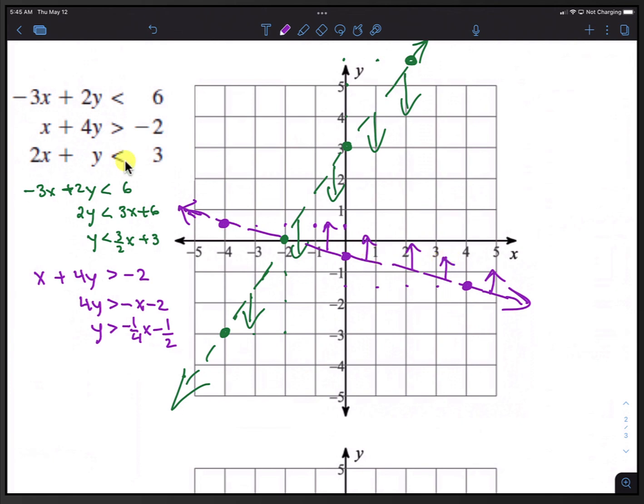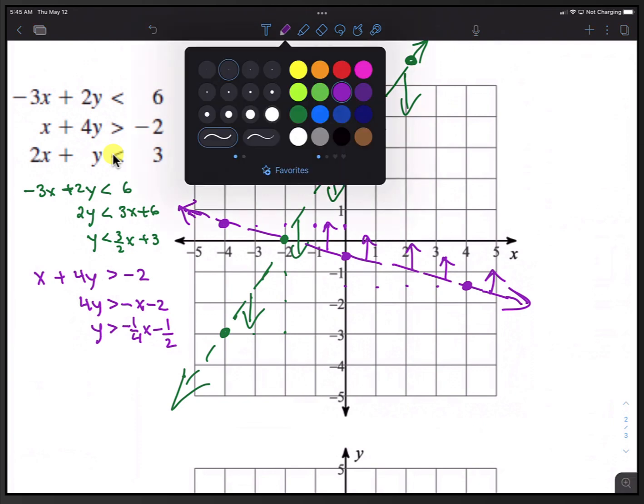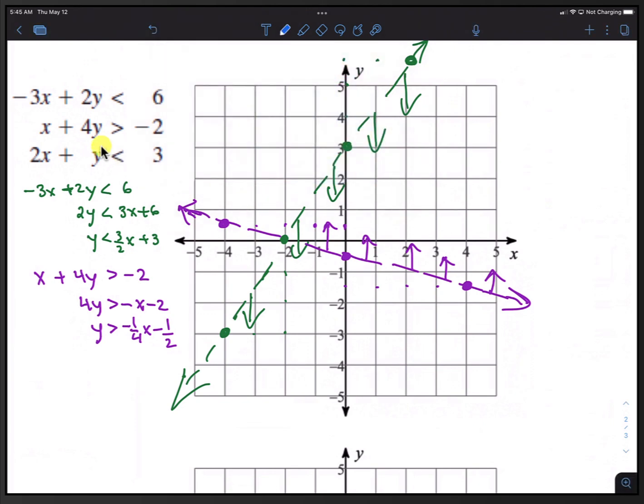All right, now let's go to this third inequality and change colors. So it's 2x plus y is less than 3. We just need to move the 2x over by subtraction. So y is less than negative 2x plus 3.